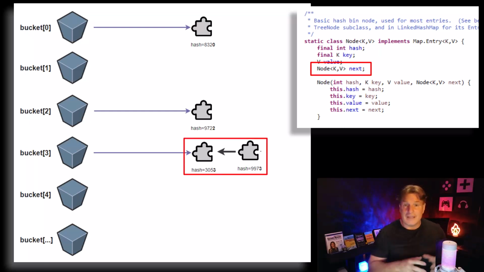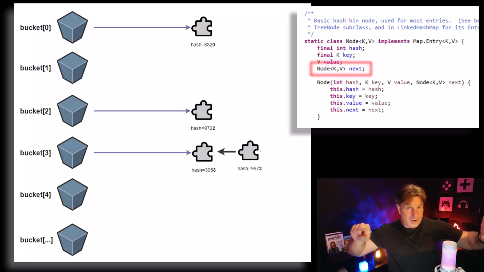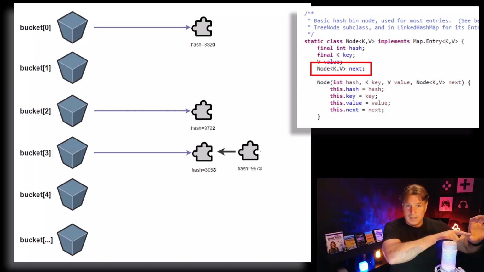So we end up getting a linked list. The first element that went into bucket number 3 is still there. We now put a new node, a new key value pair, into bucket number 3. We've now got 2 in there. And so for that second instance, we use that node property to point to the first one.